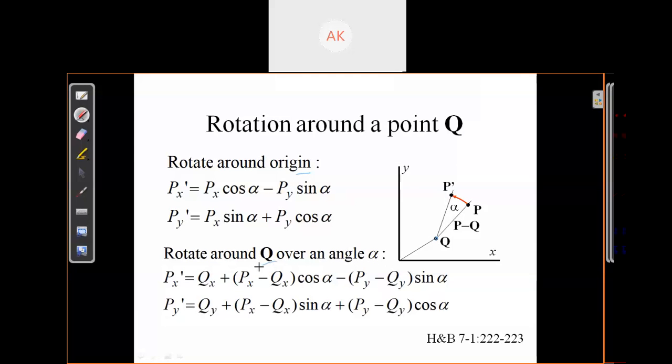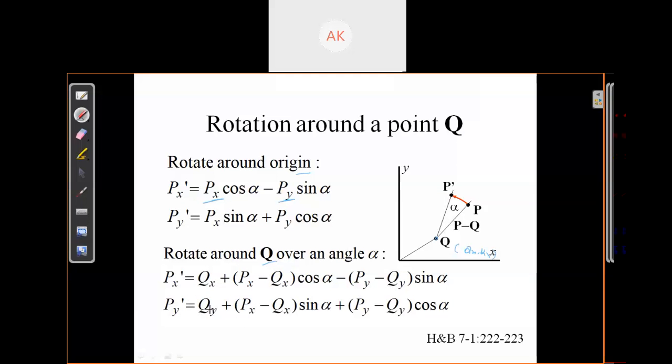When your rotational point is Q somewhere, with coordinates qx, qy, for the x coordinate you write qx plus, changing px to px minus qx, into cos alpha, minus py minus qy into sin alpha.